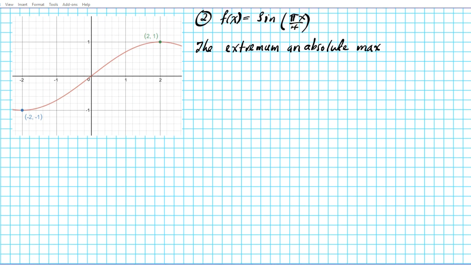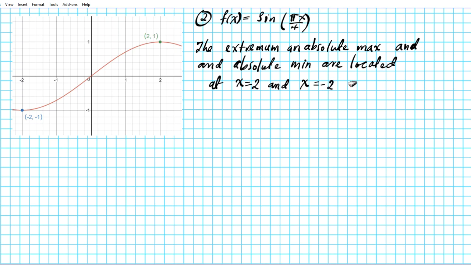An absolute max and an absolute minimum are located at, so the maximum is at x equals 2, and one of the absolute minimums is at x equals -2 respectively.